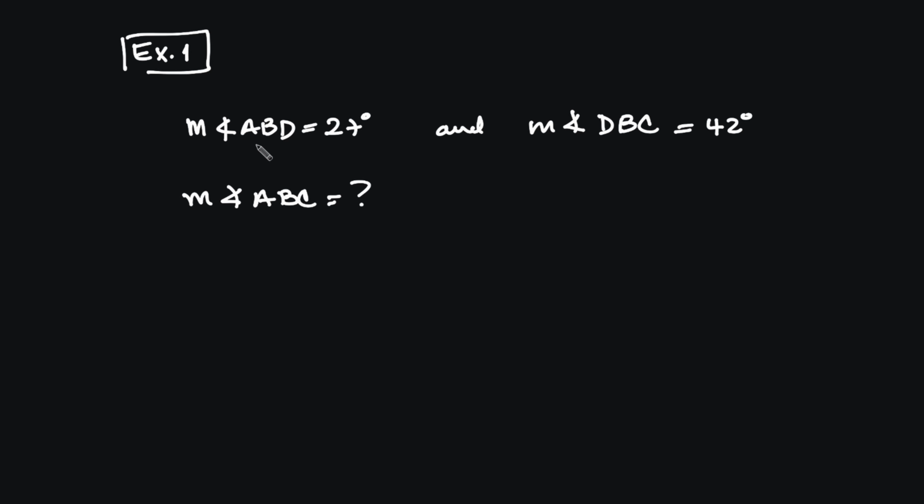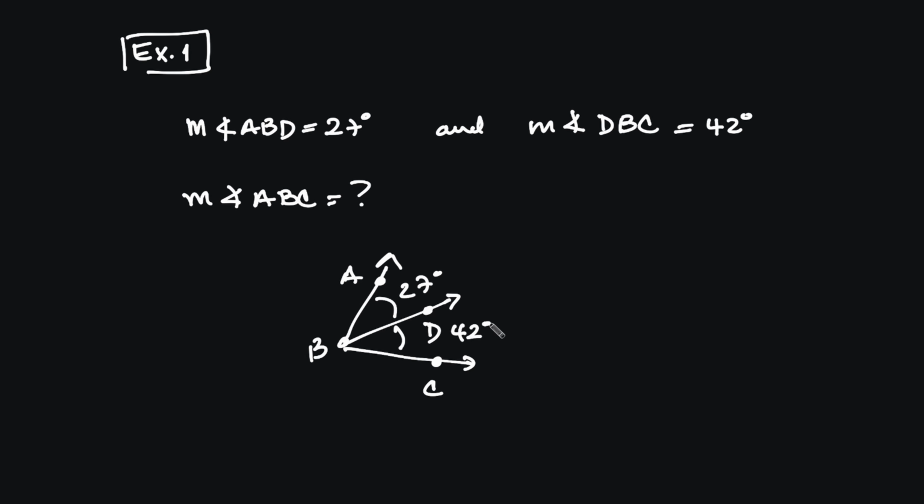Let me try to draw this. I have this ray, A, B is the vertex, and D here. This is 27 degrees. DBC means that we have another point here, and this is 42 degrees.